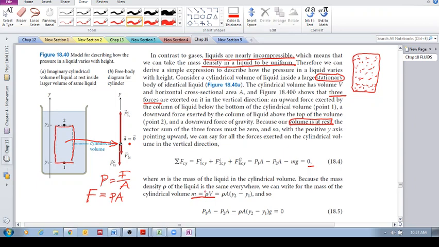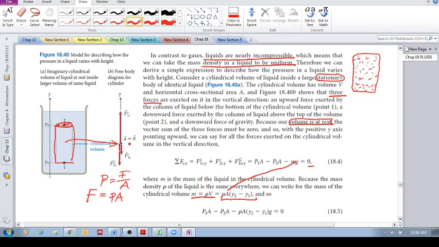So let's replace this mass with rho V, and then what is the volume? It is the cross-sectional area times this height, which is y2 minus y1. That height there. I hope that's clear.